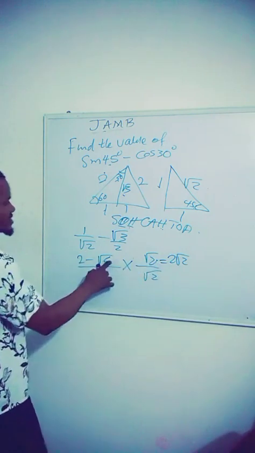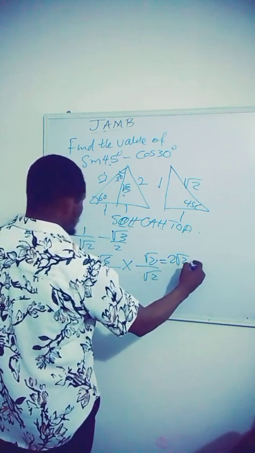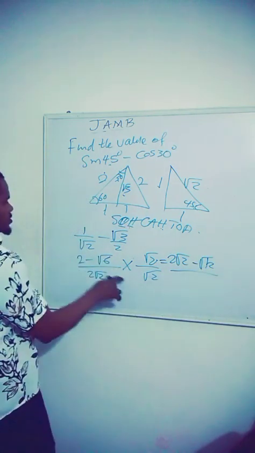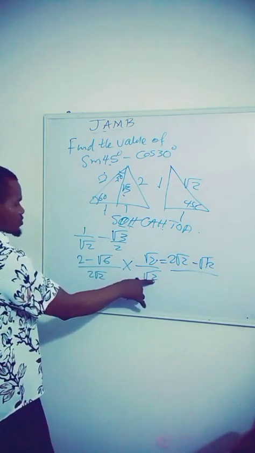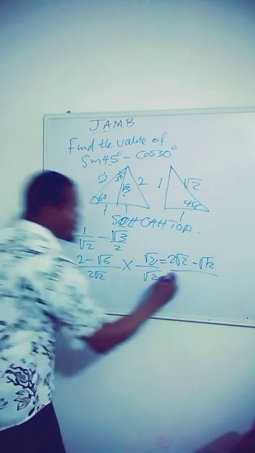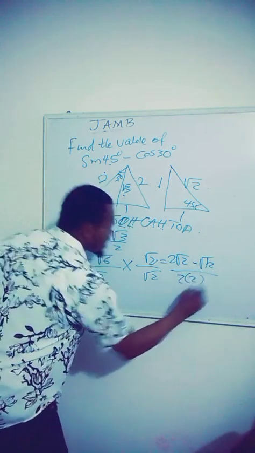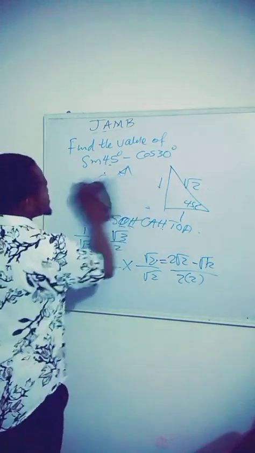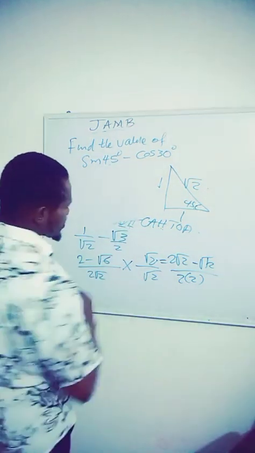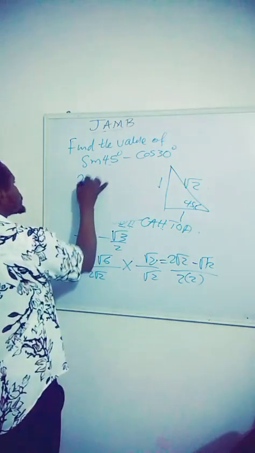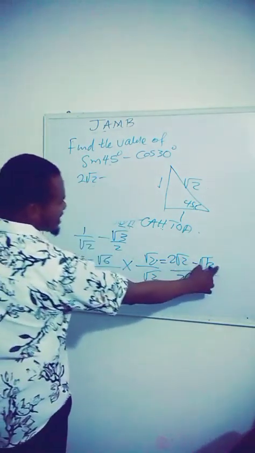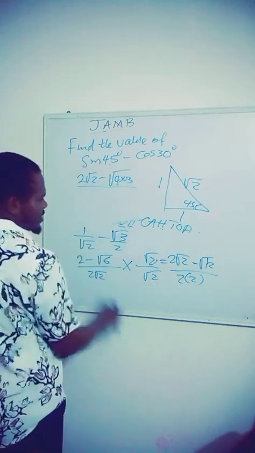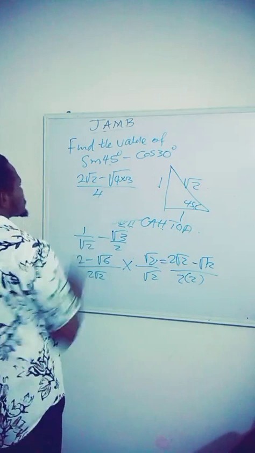Root 2 times 6, we're having minus root 12 divided by 2. Root 2 times root 2, that is 4. Square root of 4, that is 2. So this will give us 2 root 2, minus, don't forget we can split 12 to 4 times 3 over 4.